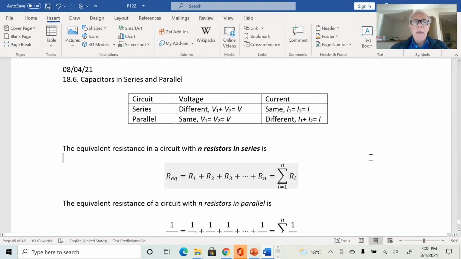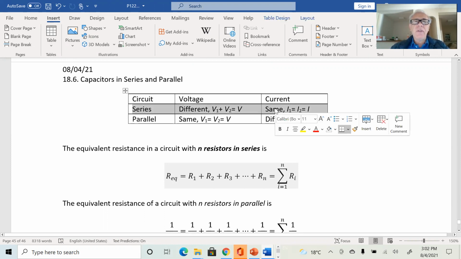And if the branch of the circuit is just in series, the current is going to be the same through each element. In parallel it is all the way around.